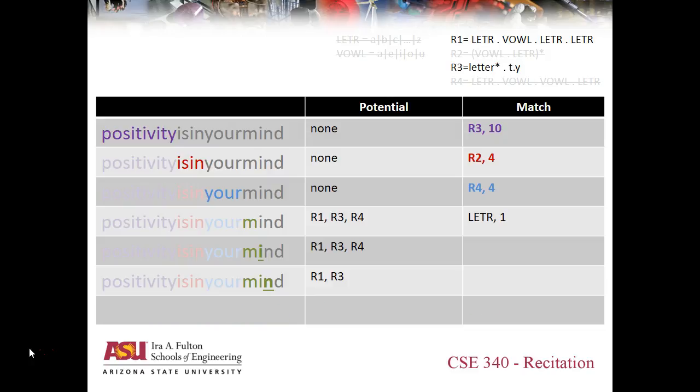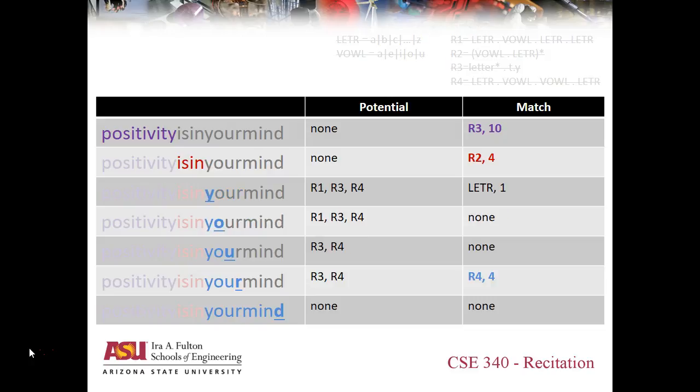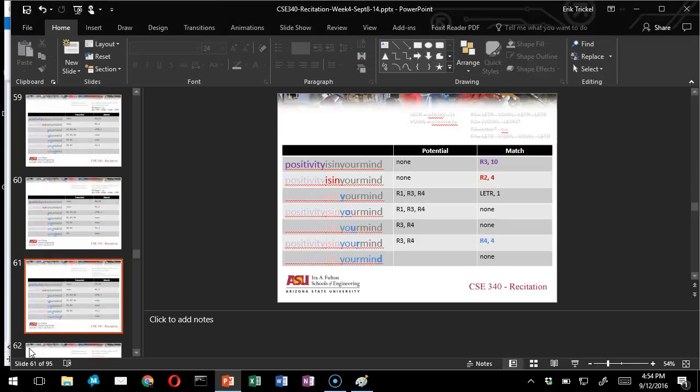Oh, I'm lying. All right. So R4, this should be R1, so it should be R1, R4. It should be both of them. And then we go on. Because R1 is first in the list, we should have matched on that one. That's actually much easier to fix in my slides.